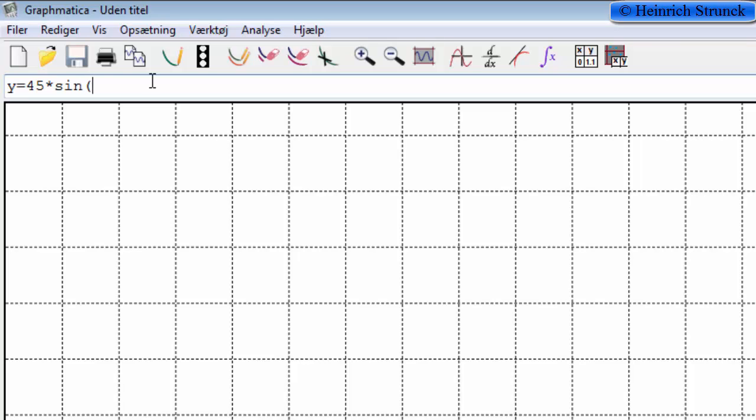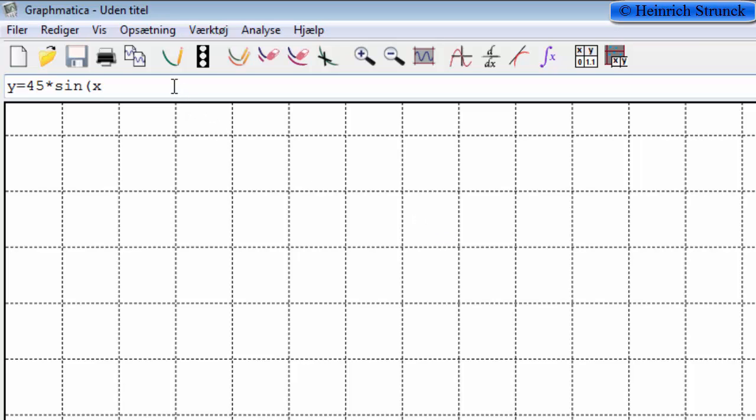And it should be sine of x, because our x-axis will then be the degrees, the angle of the sine curve, and then at the y-axis we can look at the value for the curve.